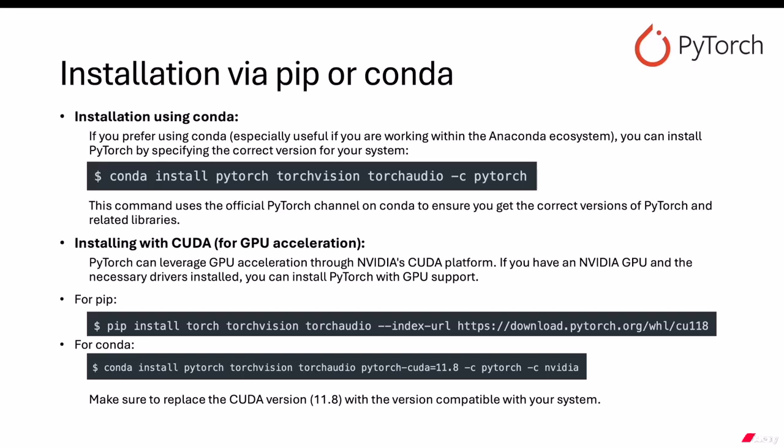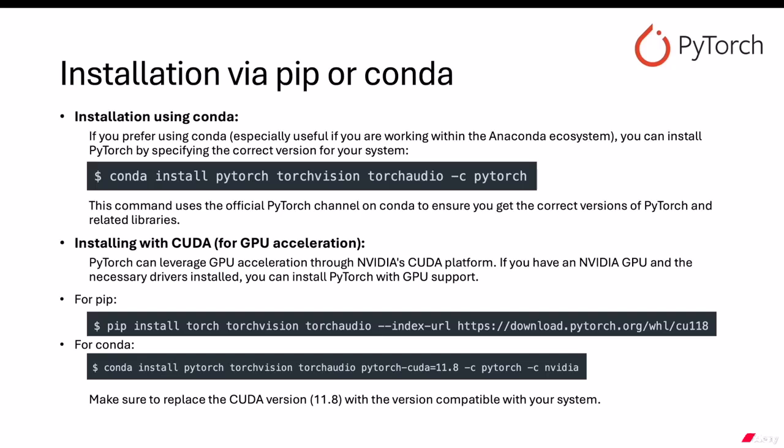Installing with CUDA for GPU acceleration. PyTorch can leverage GPU acceleration through NVIDIA's CUDA platform. If you have an NVIDIA GPU and the necessary drivers installed, you can install PyTorch with GPU support.